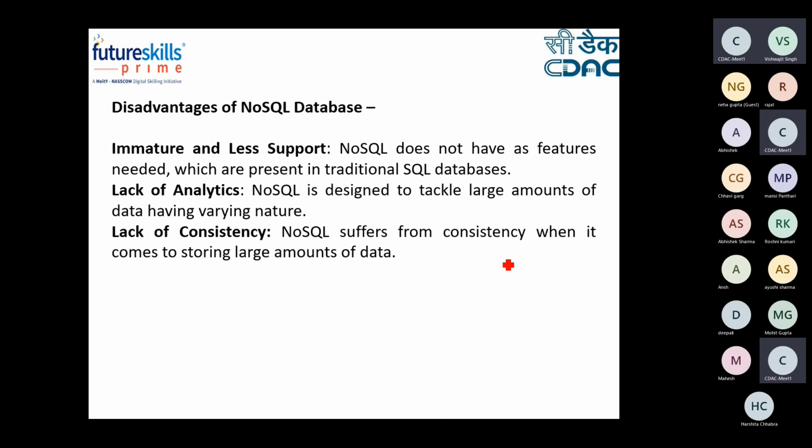But because that data does not have a traditional model, it is not possible. Lack of analytics: it does not have any analytics features because you need to process that data line by line. So analytics is also not possible, and there is a lack of consistency because data comes from various sources.